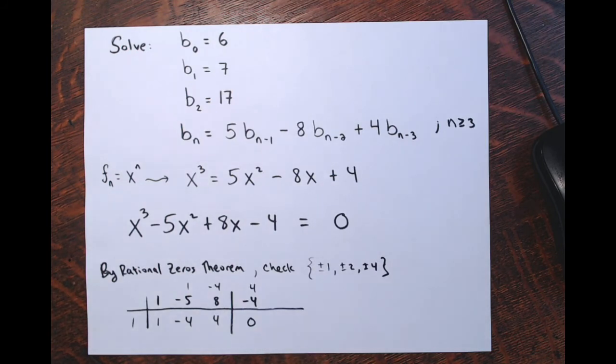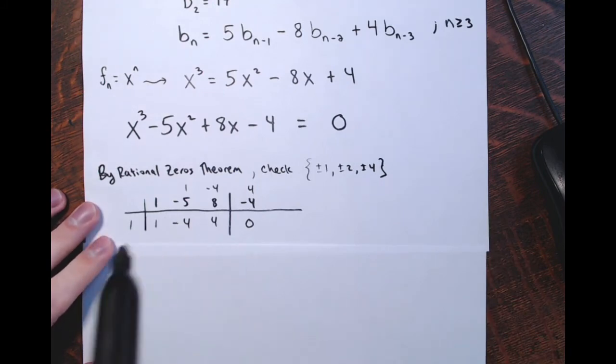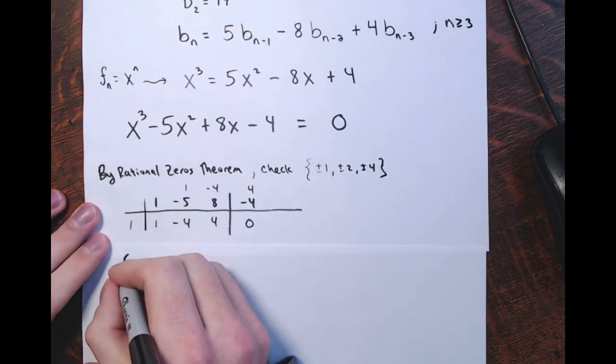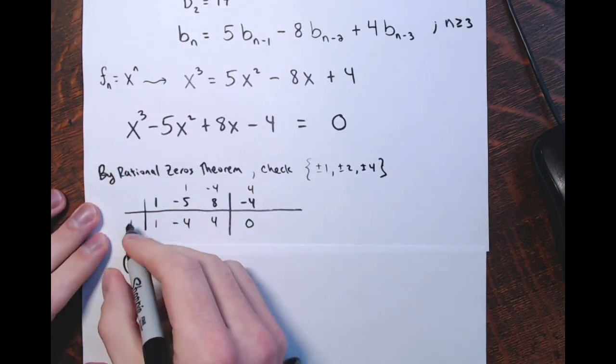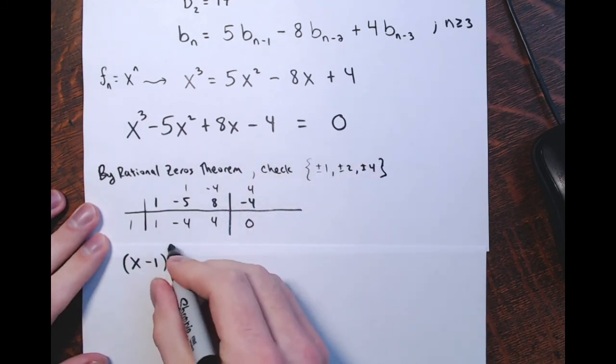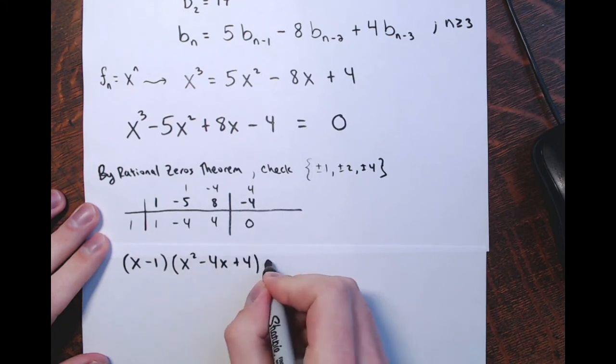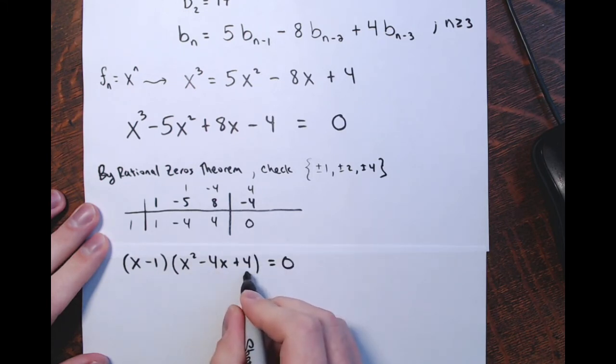Or you could have just divided by x minus 1 using long division. But either way, we have x minus 1, because 1 is a 0, times x squared minus 4x plus 4. And then this factors to the same factor twice.